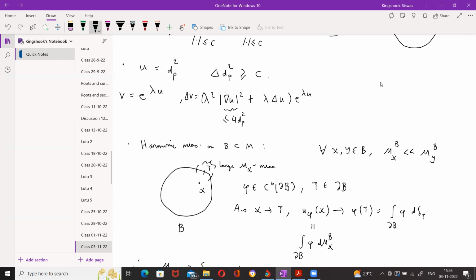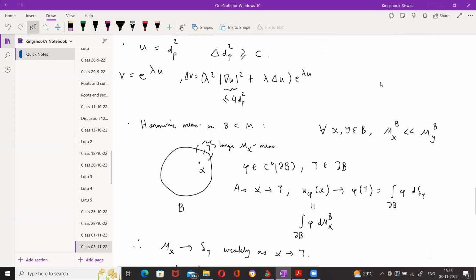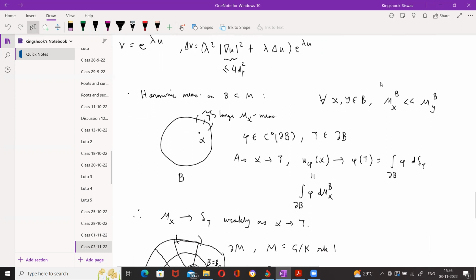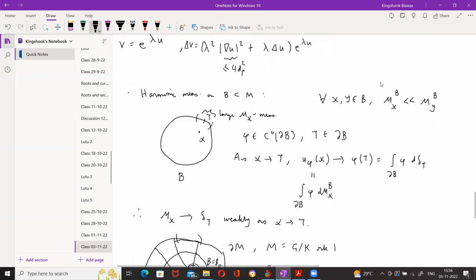Well, you fix an origin, the center of the ball, say O, and then I can write any harmonic function u of x as the integral over the boundary of the ball, phi of xi d mu x of xi, but d mu x I can write as d mu x divided by d mu O, because they're absolutely continuous, this Radon-Nikodym derivative, times d mu O, right?